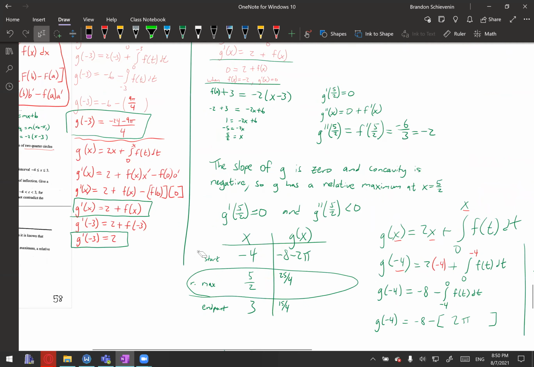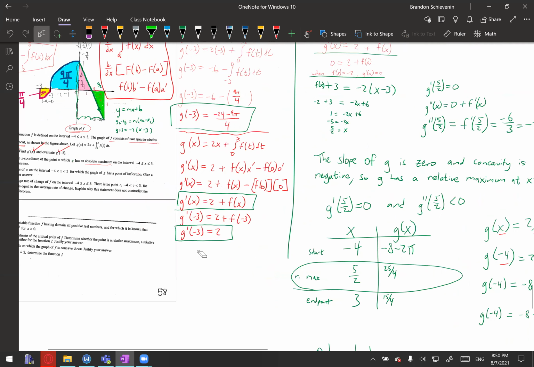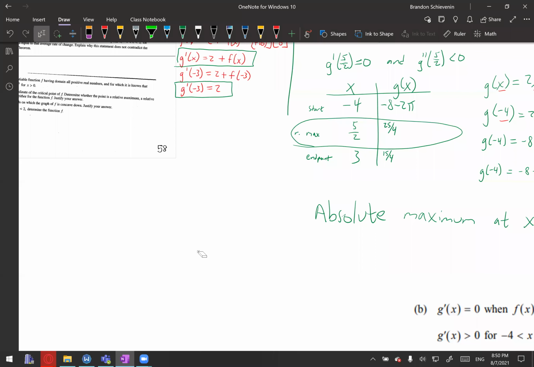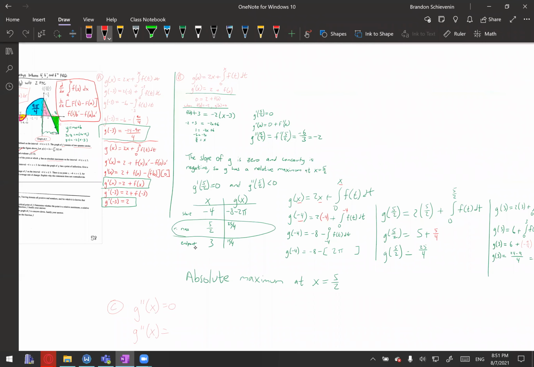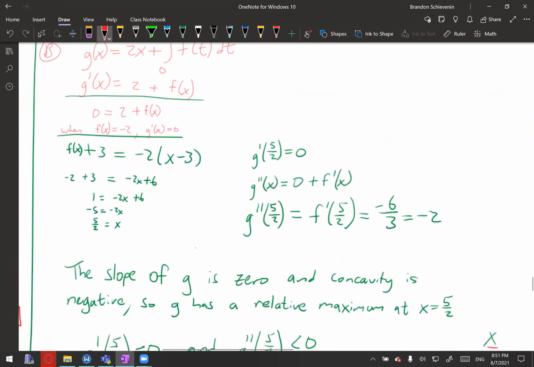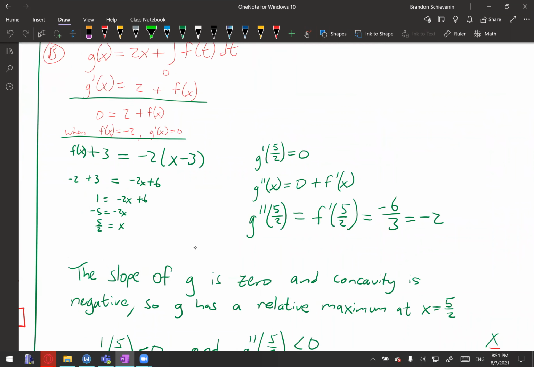So I'm going to go below this, I guess. Okay, finding the point of inflection of g would be whenever g prime prime of x is equal to 0. We said earlier g prime prime of x is 0 plus f prime x.